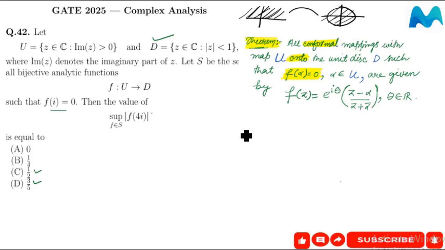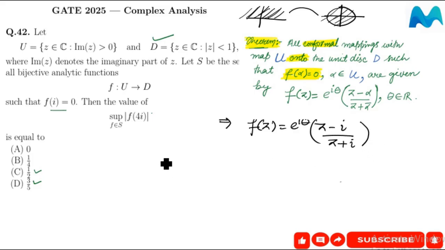Now, imagine we have this function f, such that f of i equals 0. So what will be the value of it? It's very simple, we can find it like this. f of z will be e^(i theta), and instead of alpha, we can write i: (z minus i) over (z plus i).